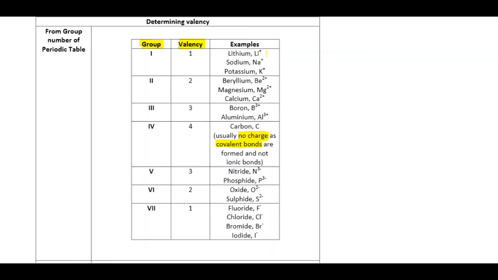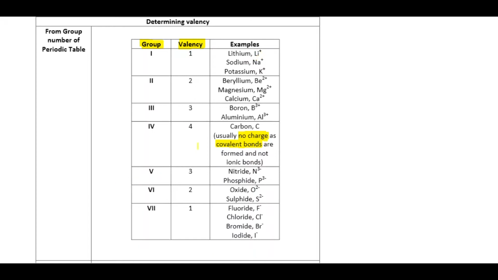That will give them a stable electronic configuration, right? Because they have 1 extra electron, it is easy for them to lose this electron and achieve a stable octet structure. They have 1 electron in the outermost shell, so it's easy for them to lose this 1 outer electron to form a stable octet structure. And in losing this 1 electron, they gain a plus 1 charge, right?